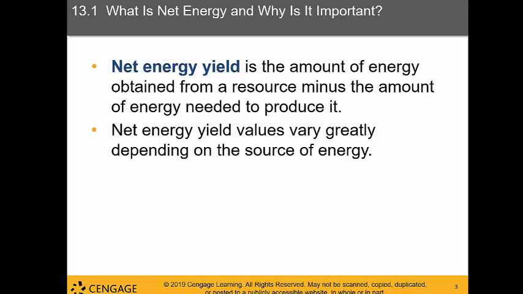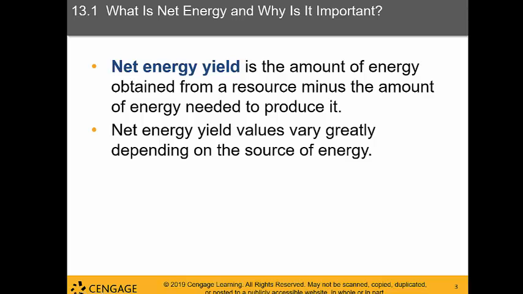And then we run out of the high quality ore and we move on to lower quality ore. When we move on to that lower quality ore, we're going to decrease the net energy yield because we have to put more energy into collecting and processing the ore to get the same amount of that particular mineral.